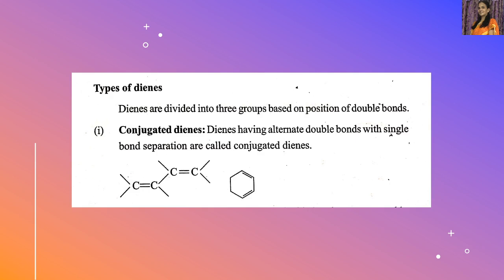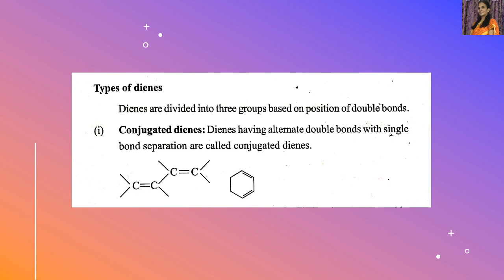They are divided into three groups based on the position of the double bonds, how these two double bonds are oriented in the alkene. The first one, let us discuss, is conjugated dienes. So what are conjugated dienes?